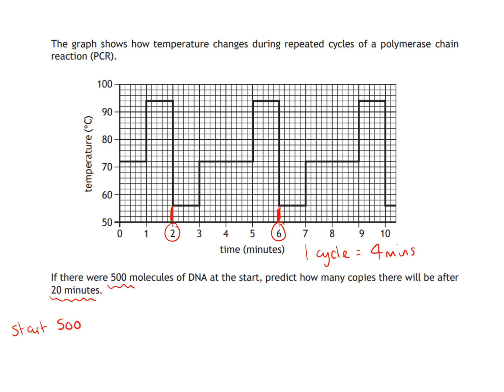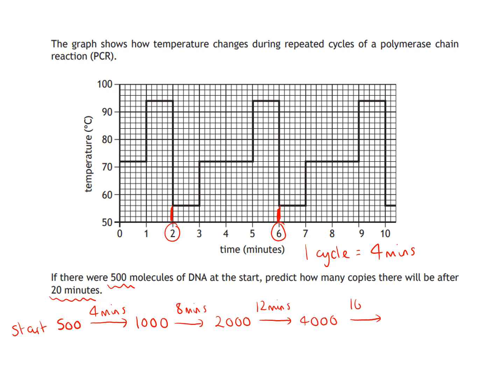Now, because we are completely replicating that DNA every cycle, after 4 minutes, we're going to have 1,000 copies of DNA. After 8 minutes, we're going to have 2,000 copies. After 12 minutes, we're going to have 4,000 copies.